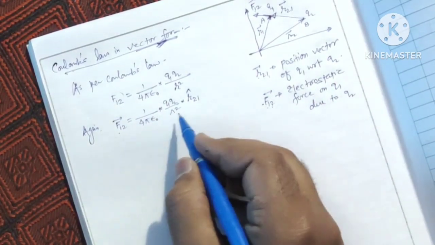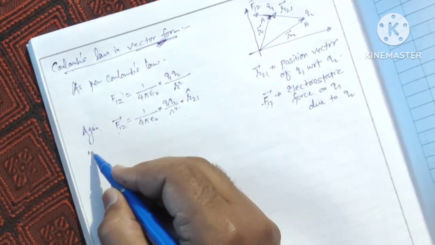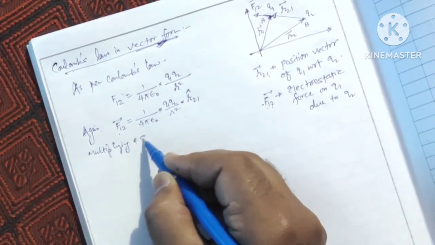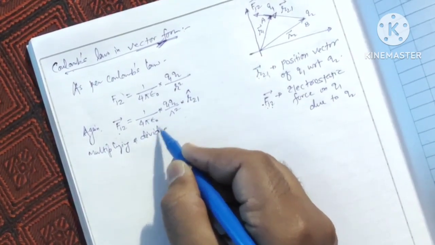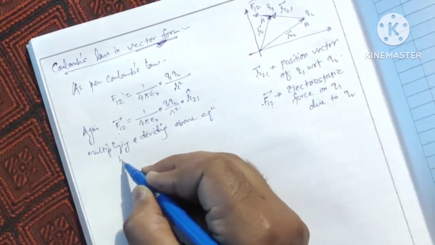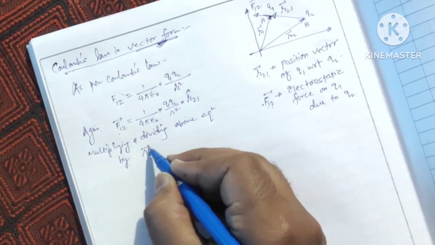So let's try to make some change in this. I'm going to multiply and divide the above equation by the magnitude of R21 vector.